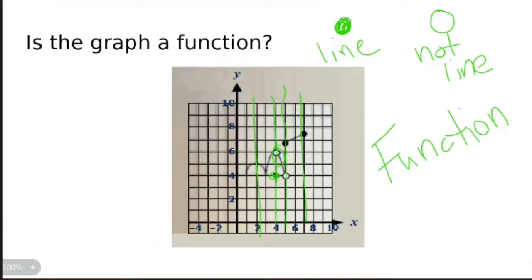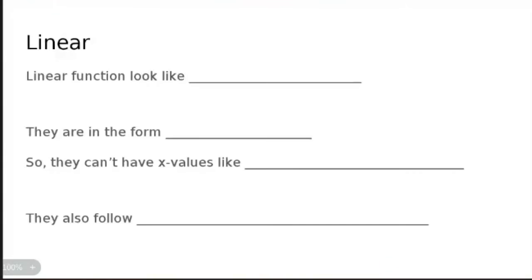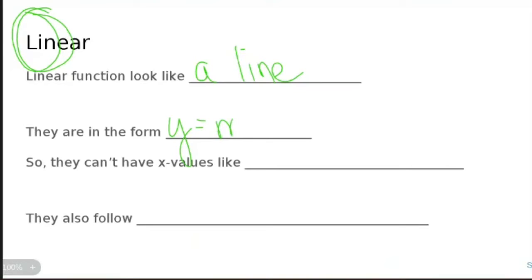All right. Now what? Linear. Look at the key word there. Well, maybe let's add another letter to it. Linear function looks like a line. If I graph a line, it is in the form y equals mx plus b.